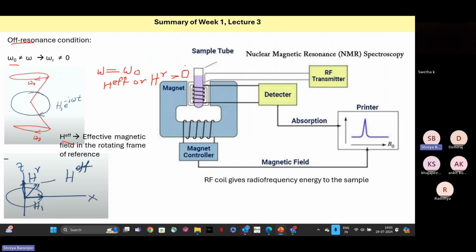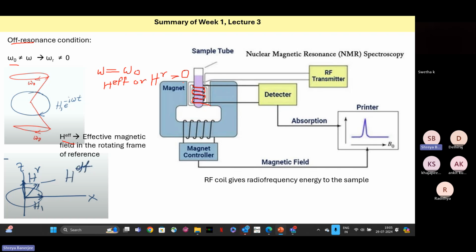Now, in an NMR instrument, normally what happens, you have this sample tube, you have the sample dissolved in the specific solvent, and the radio frequency coil, so you can see this coil around the sample. It is through these coils that the radio frequency energy is supplied to the sample.